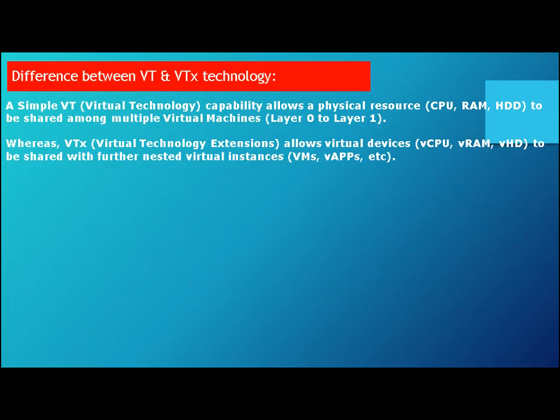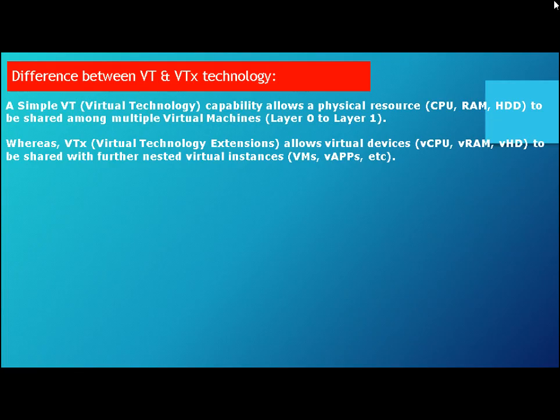Once we enable layer 0 to layer 1, a physical CPU is converted to a virtual CPU, a physical RAM is converted to virtual RAM, and a physical hard disk is converted into a virtual hard disk. But if I want to share this virtual CPU with further nested virtual machines, that will be nested virtualization.